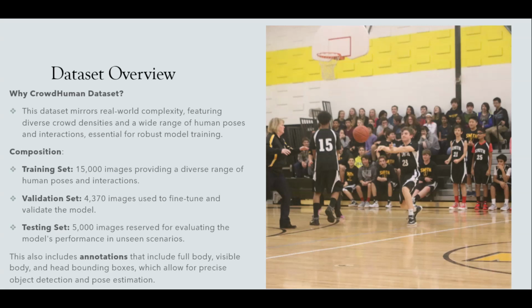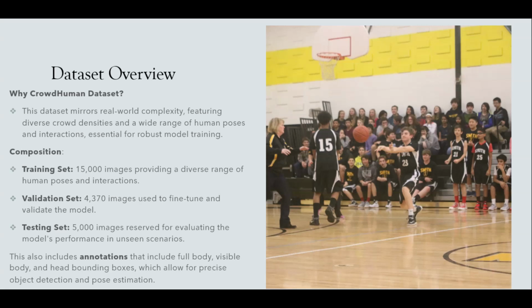So for our dataset overview, we chose the CrowdHuman dataset. Why did we choose this? Because it has real-world complexity. By complexity, I mean it has different images. It is divided into three sets.